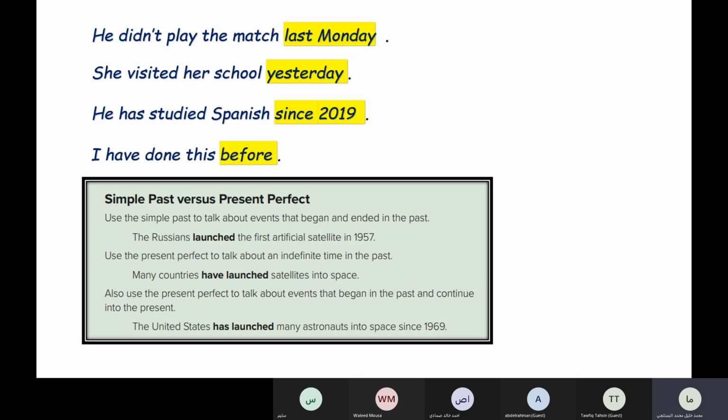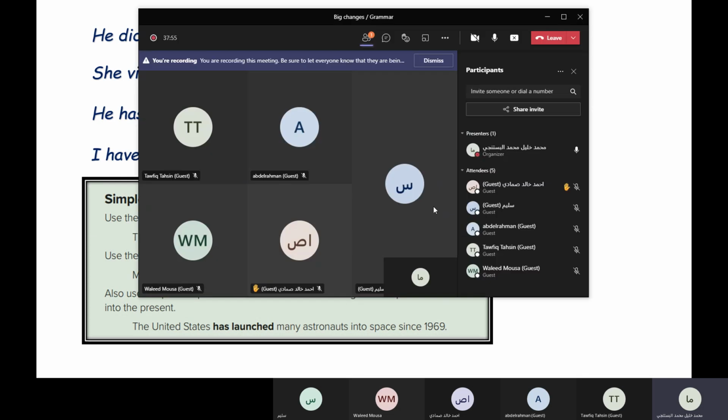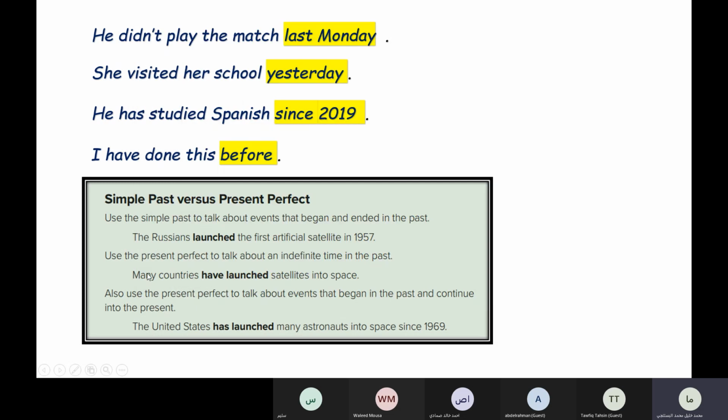The last rule for the present perfect, Ahmed Smadi. Yes, read. Also use the present perfect to talk about events that began in the past and continue into the present. Good. Read the example.